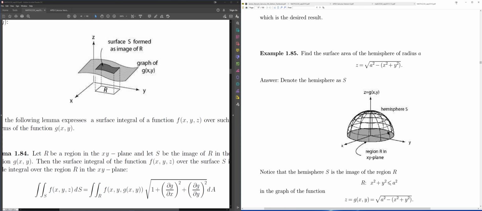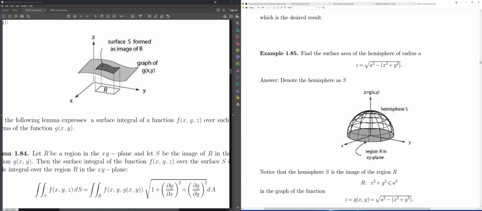So the graph of the function g of xy corresponds in this picture to this dark gray area here. In this particular case, for z equals g of xy, the dark gray and the light gray are going to be the same thing.